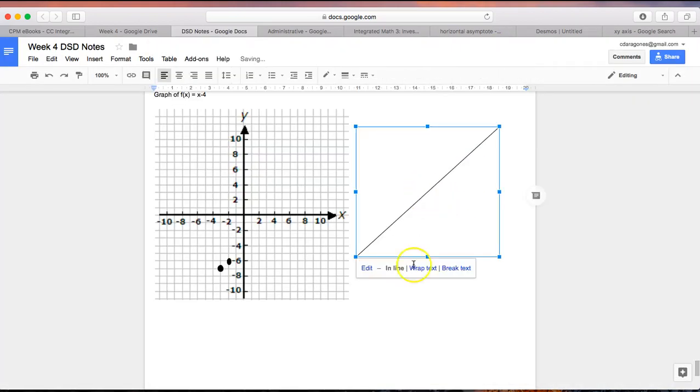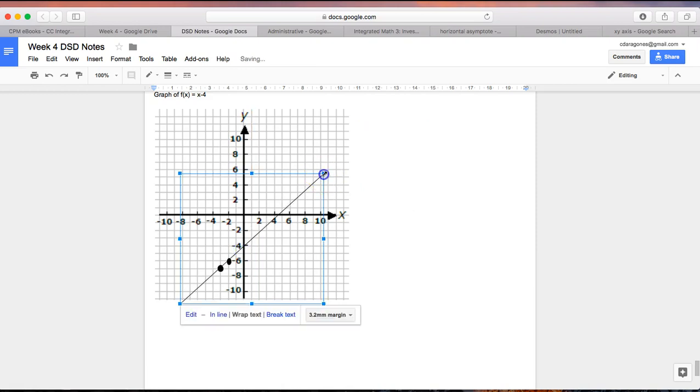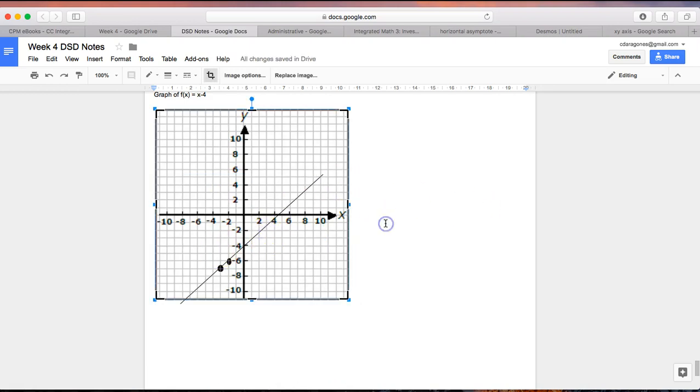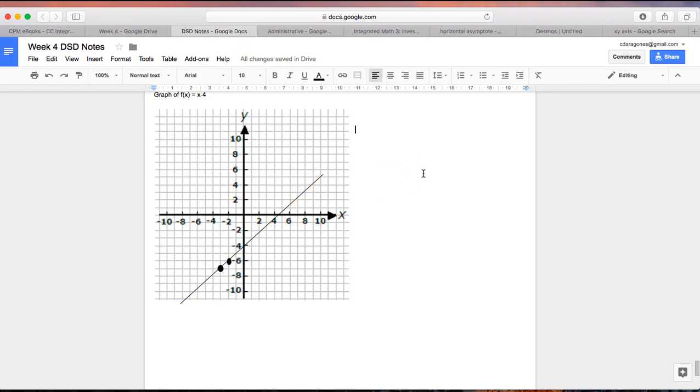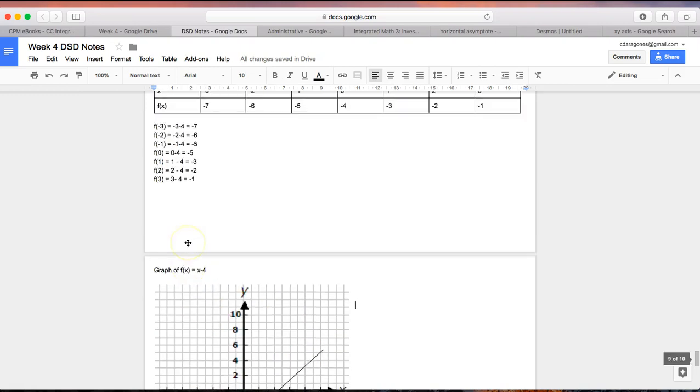There it is. Okay. So it actually goes, there we go. I'm going to adjust it a little bit. Okay. So there's my linear function. And I have a graph of x minus 4.